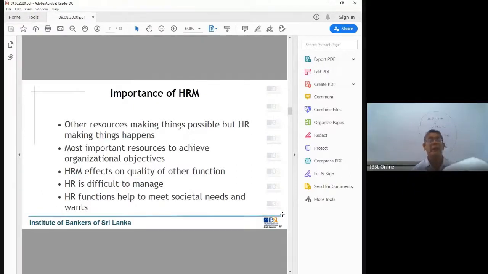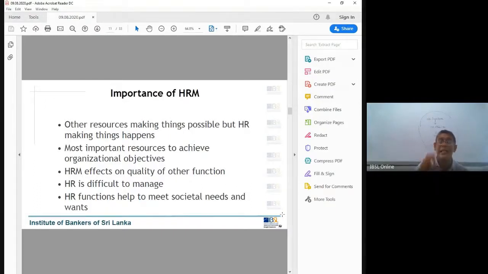And let's look at it now. Why do we need to learn human resource management? Why do we need to learn? Important. As I told you, all other resources make things possible, but HR makes things happen. Why?